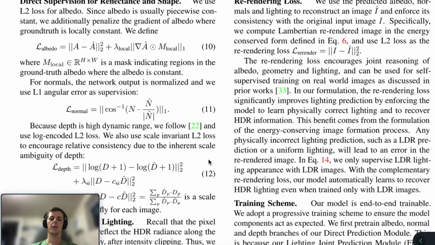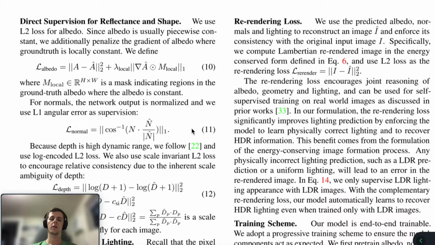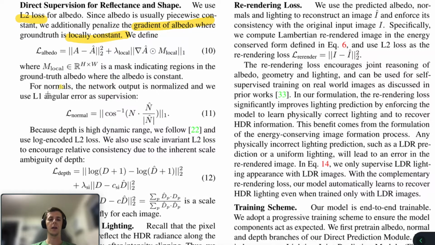It is quite standard, in the sense that the losses are normal losses such as L2 and L1. For albedo, they have L2, and they also have another constraint, which is the gradient of albedo to be locally constant. For normals, they have the L1 angular error.